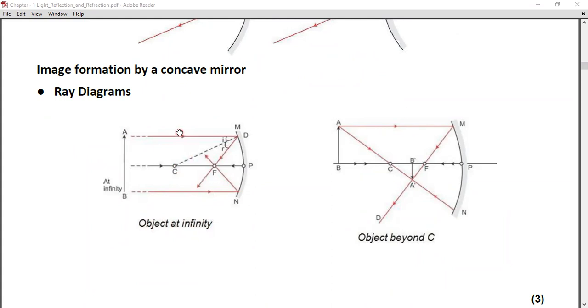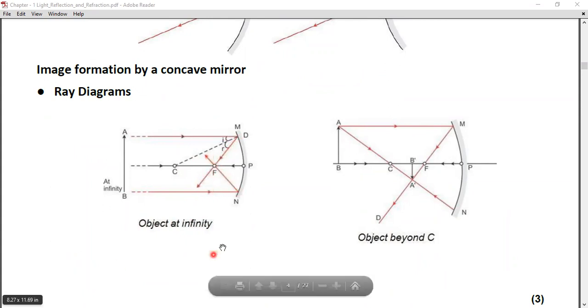I repeat, students, when the object is kept at infinity, then the light rays from the object appears to be parallel. Therefore, if the light rays are coming from infinity, then it appears to be parallel to the principal axis or parallel like this, students. If you consider parallel to the principal axis, then after reflection, obviously, according to the rule 1, they must pass through the focus.